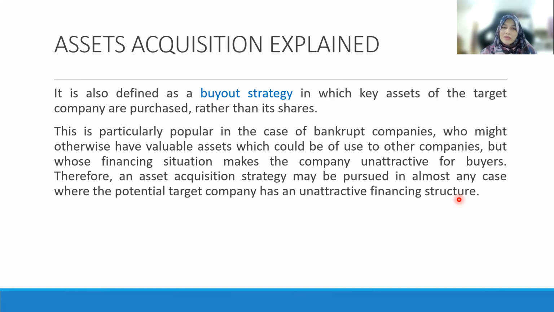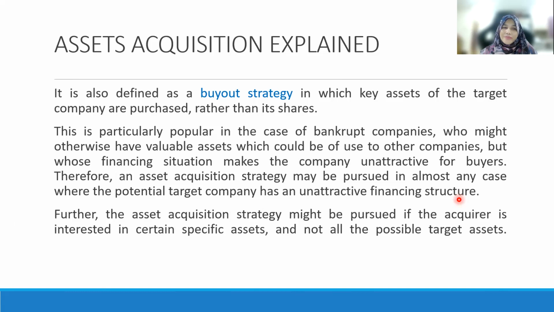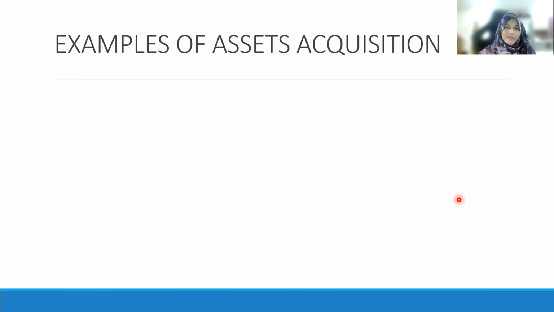They will acquire certain businesses only. Further, the asset acquisition strategy may be pursued if the acquirer is interested in certain specific assets and not all the possible asset targets.